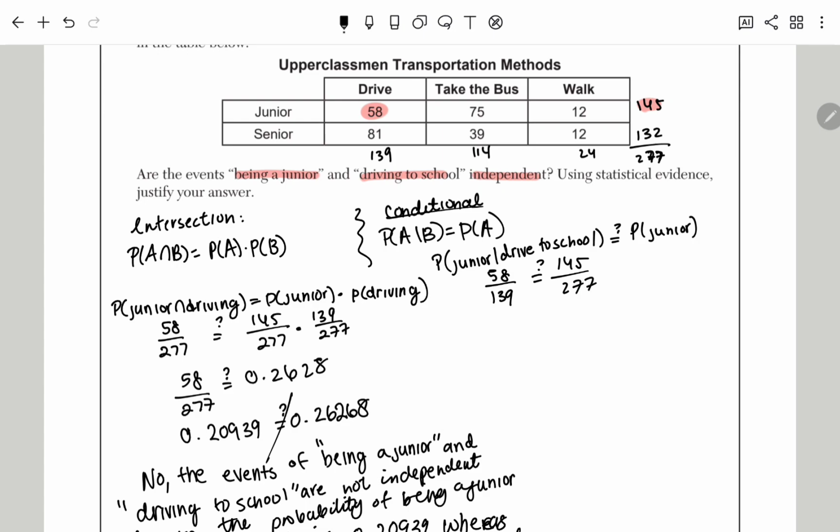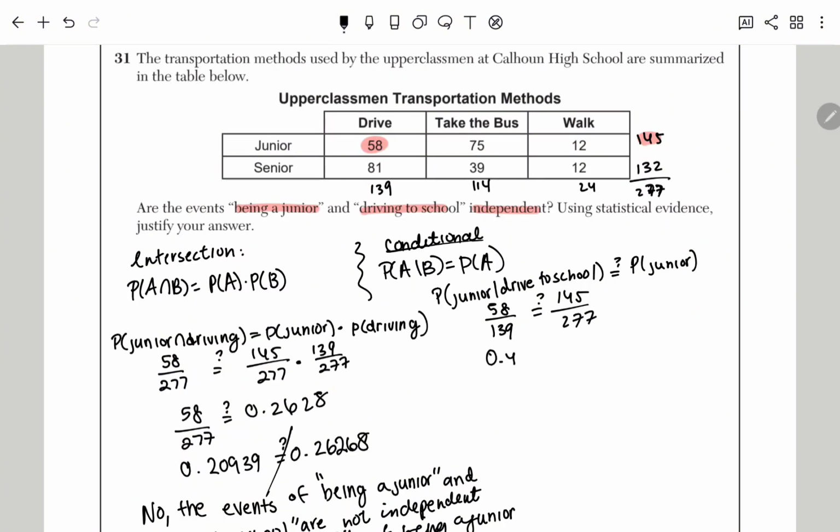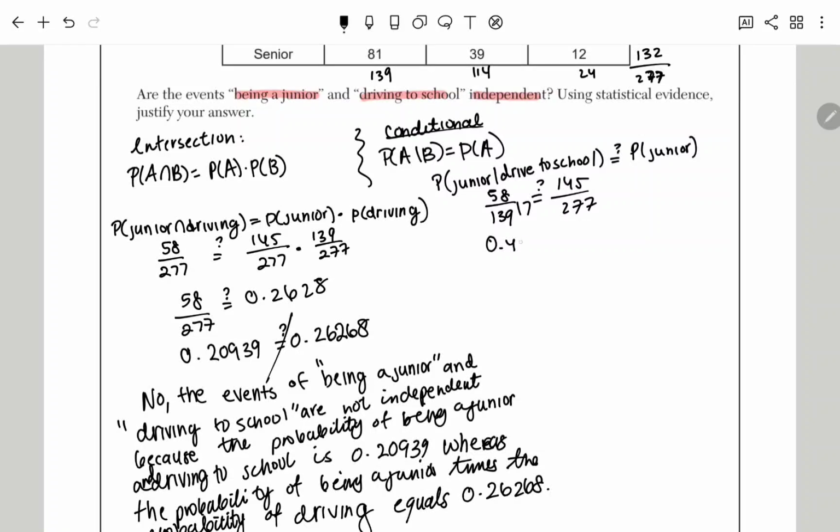And if we simplify those both, for this we're going to get 0.417, and here we're going to get 0.523.